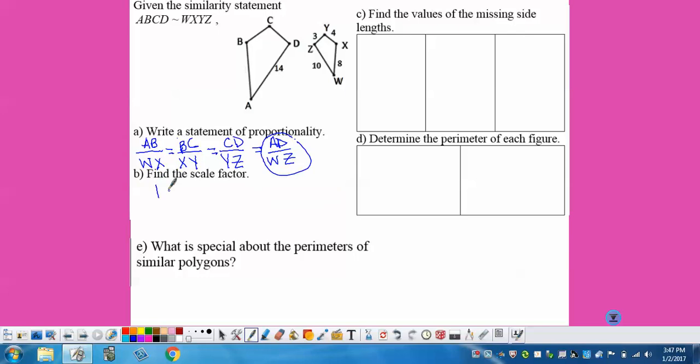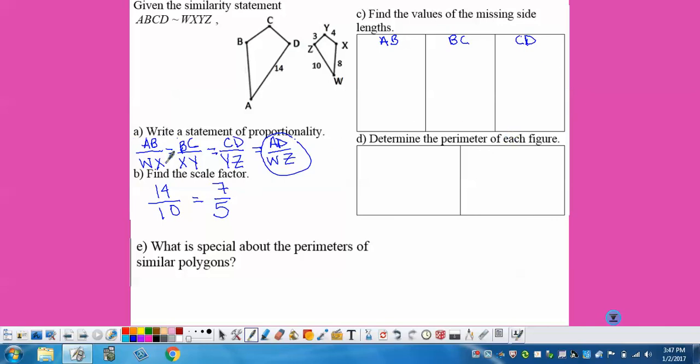So AD is 14 over WZ is 10, and if we simplify that fraction, we get 7 over 5. So that's our scale factor. So next, we're going to find the values of all the missing side lengths. So we need to find AB, BC, and CD.